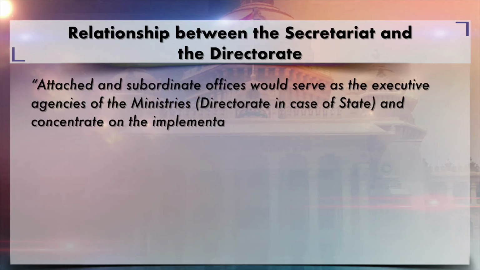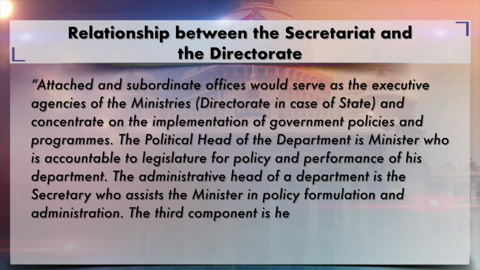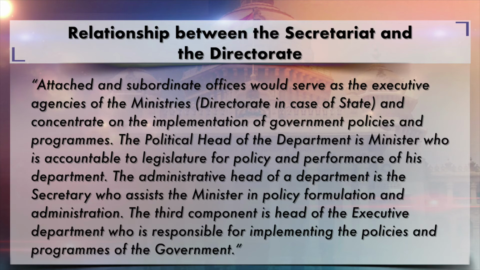It also emphasized that attached and subordinate offices would serve as the executive agencies of the ministries, the Directorate in case of state, and concentrate on the implementation of government policies and programs.